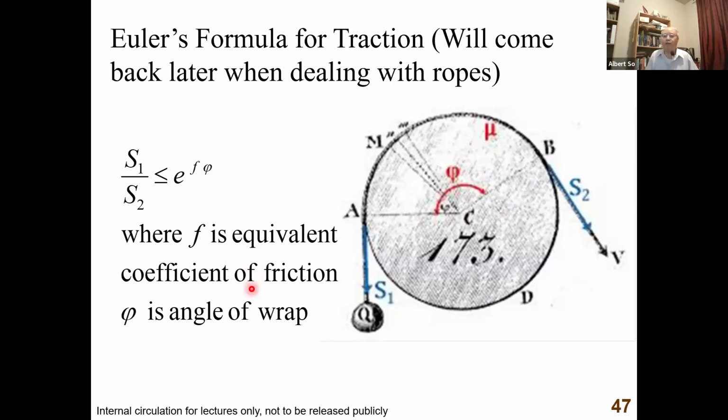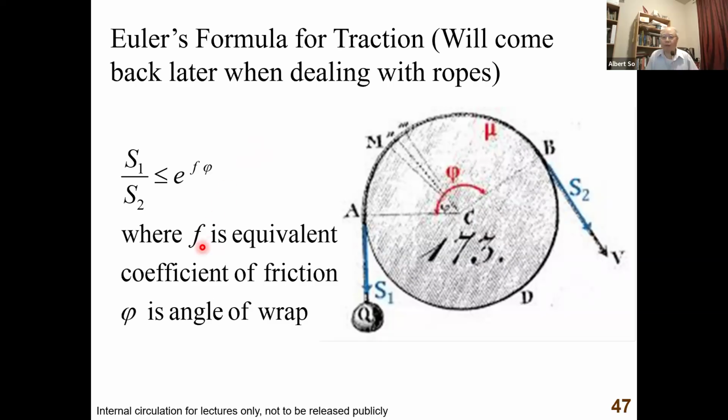For the traditional coefficient of friction, you're talking about a horizontal flat plane and a block moving on the platform, between metal and metal. So it's only dependent on the type of material.